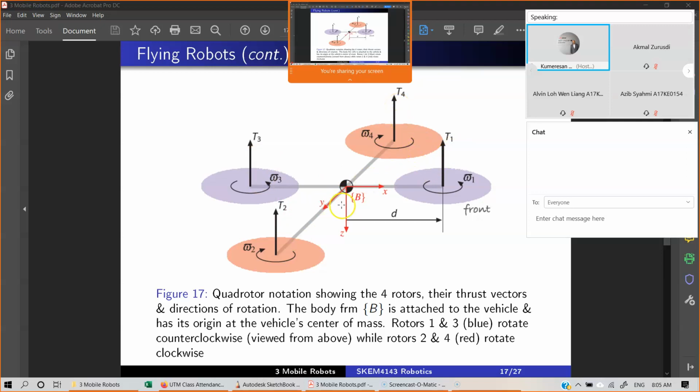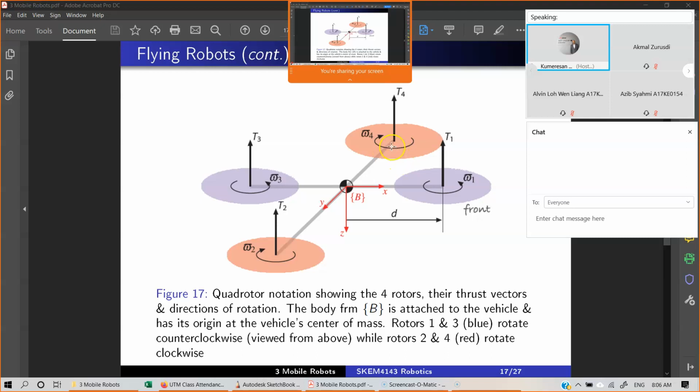If you look closely, the direction of rotation of the propellers is different. Omega 1 and omega 3 rotate counterclockwise if you look from above, and omega 2 and omega 4 rotate clockwise. There's a reason why that's the case.